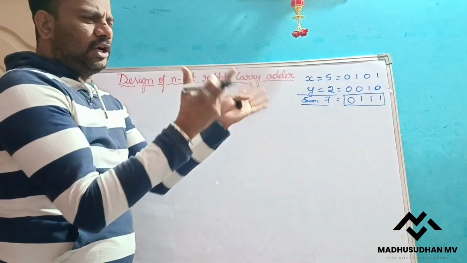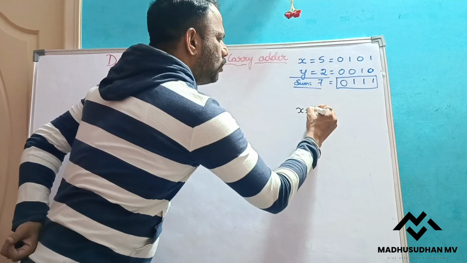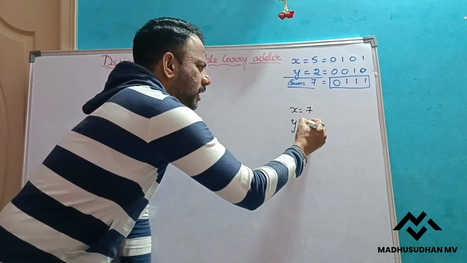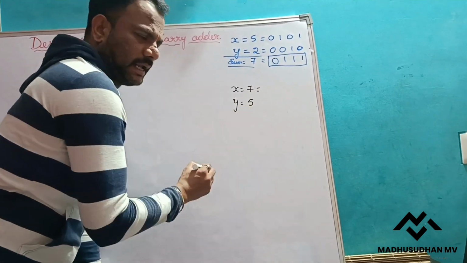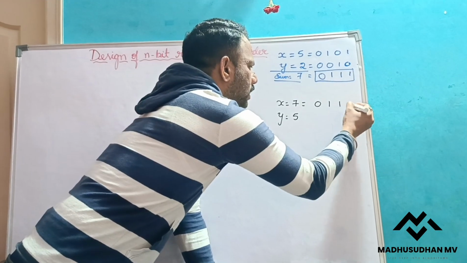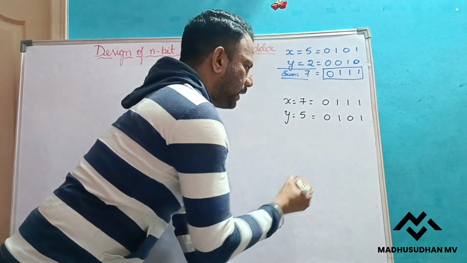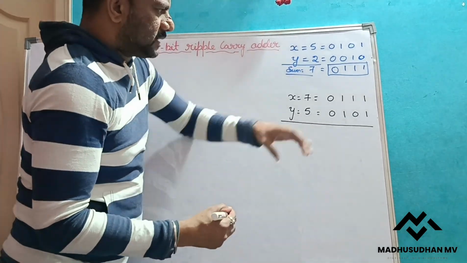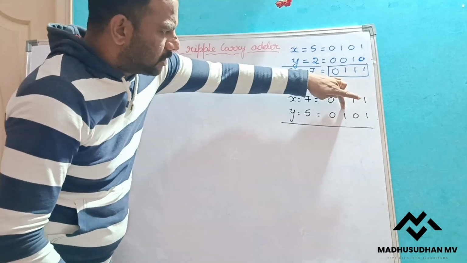Now let us take another example. Let us take x is equal to 7 and y is equal to 5. Again I write 7 in binary, that is 0111, and 5 is 0101. These are the bits of x and these are the bits of y.